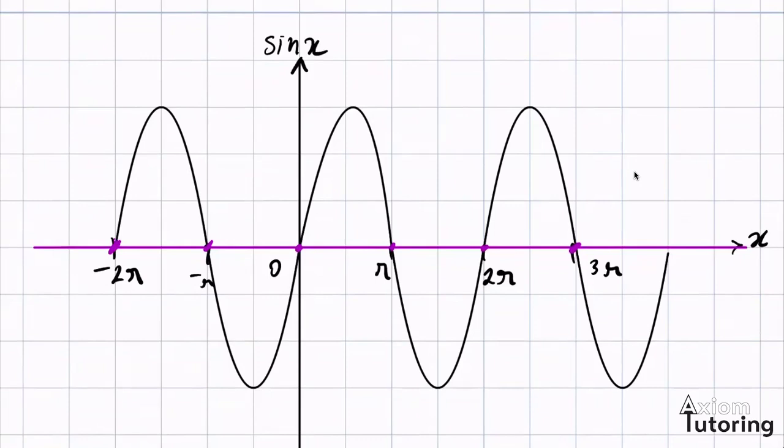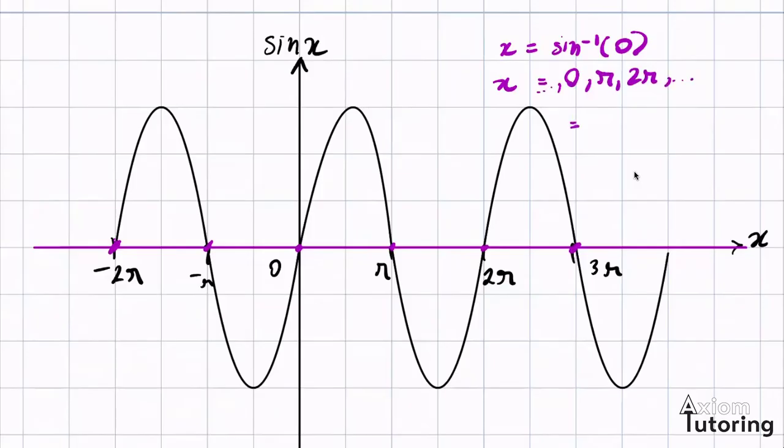And if you notice, we can generalize this by saying that x equals inverse sine of 0 if x is 0, pi, 2 pi. It's actually the same for the negatives going backwards.